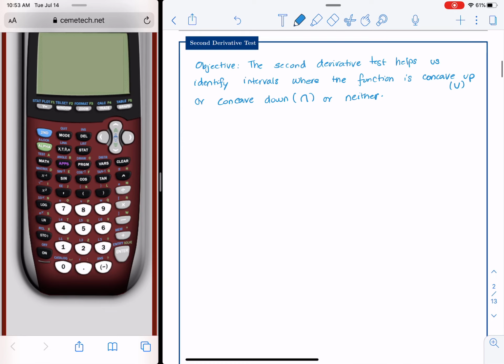If you don't know what concave up, concave down are, consider the parabola that's open upward. That is concave up. Consider a parabola that is open downward, and that would be concave down.